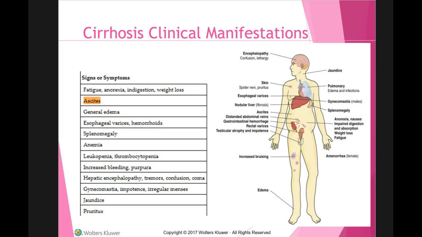So in addition to their increased risk for bleeding, they are also more prone to anemia because of the decreased absorption and storage of iron, vitamin B, and just overall malabsorption. They also have leukopenia and thrombocytopenia, and this is most likely due to bone marrow depression by the increased ammonia and other toxins that aren't being filtered out from the blood because of the liver.